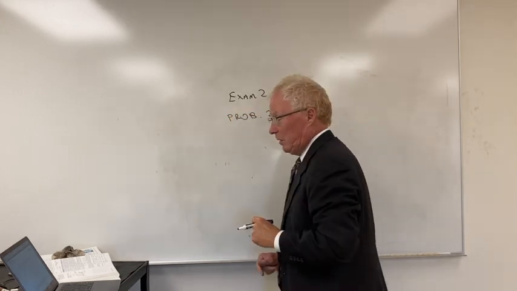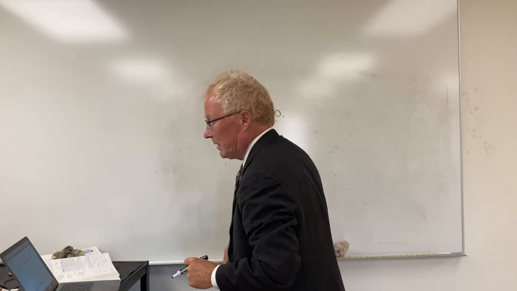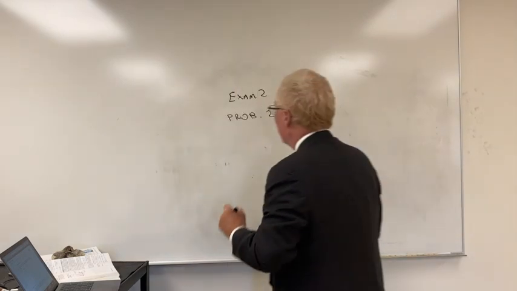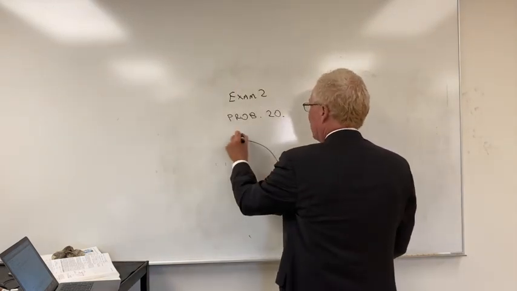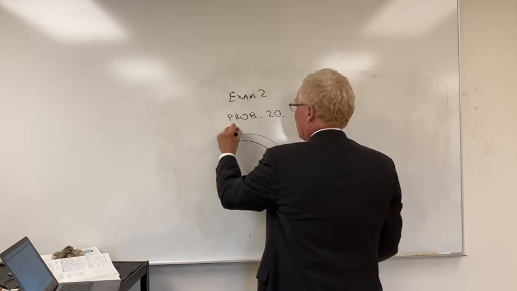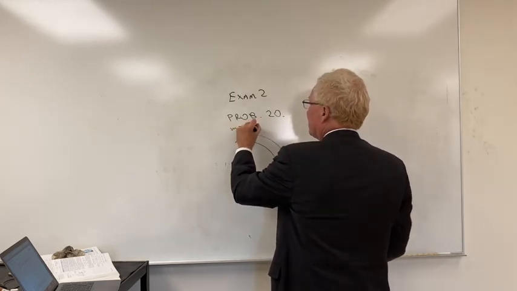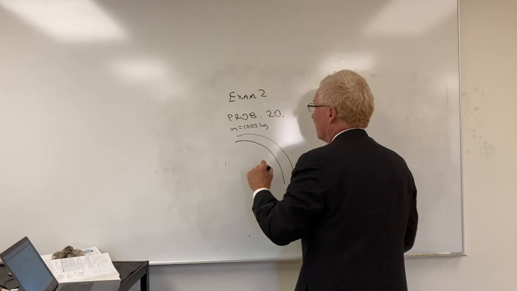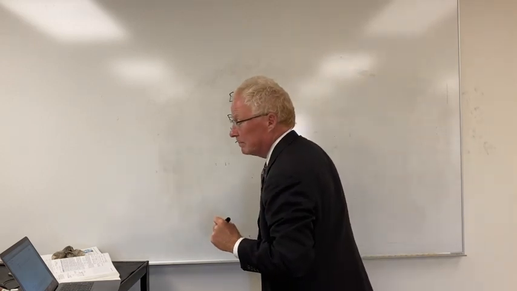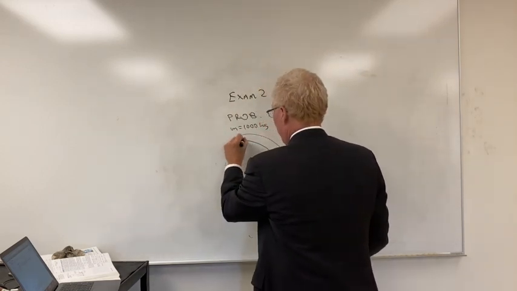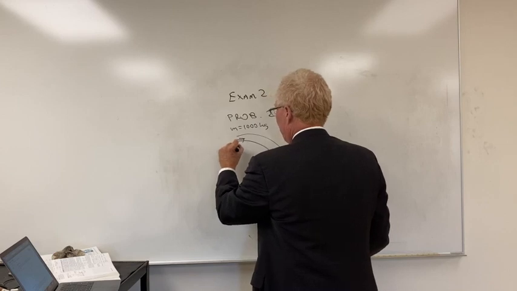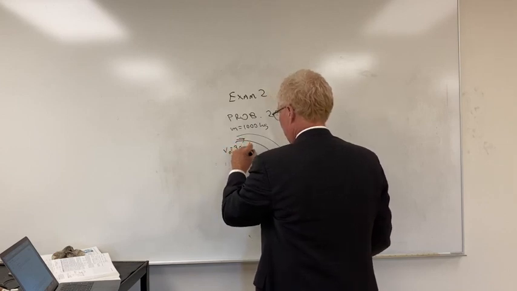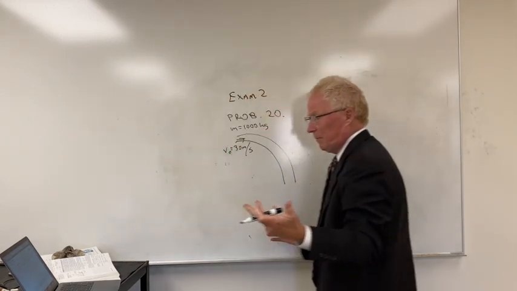All right, for this question, it's moving in a circle. Mass is 1,000 kilograms. And it's moving at a speed of 30 meters per second, which is approximately 67 miles per hour.